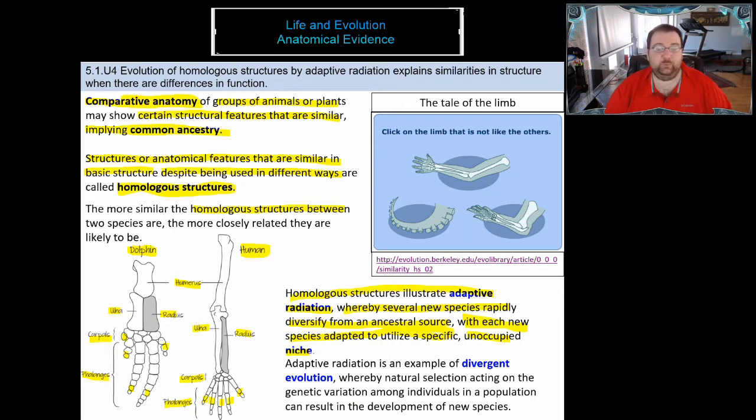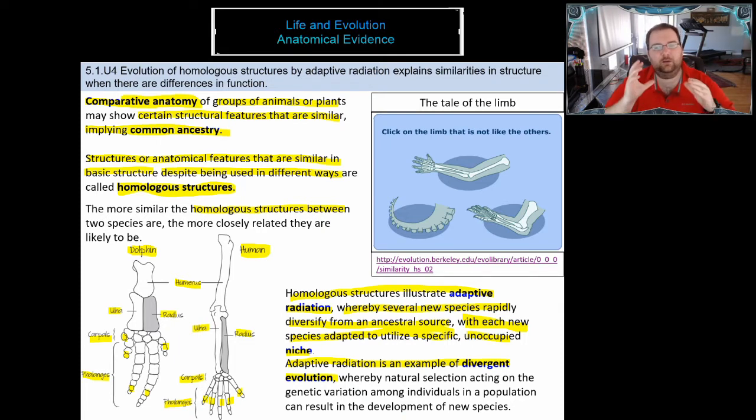Adaptive radiation is a fantastic example of divergent evolution. And divergent, think of the word diverge. If we were on the same path and you took a right turn and I took a left turn, we would have diverged, followed new paths.